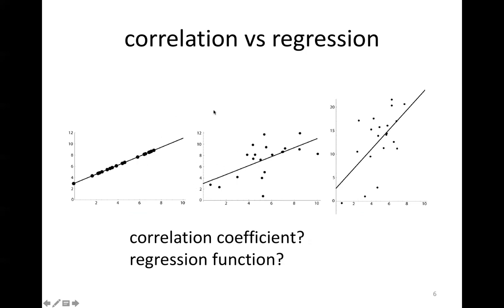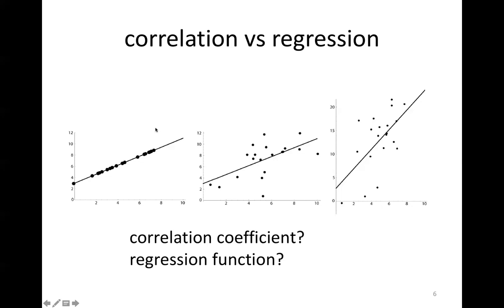How the two types of analyses relate to each other, we can also see in these three examples. Just try to imagine what the correlation coefficient will be across the three pairs of data sets. Here you should be able to see that the correlation coefficient should be 1, right?